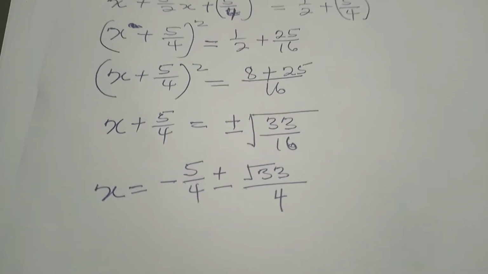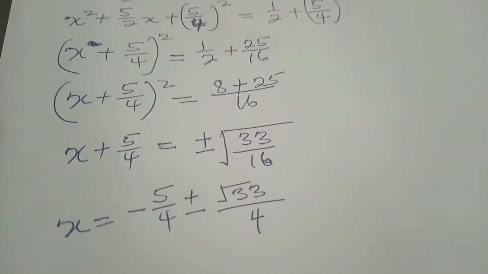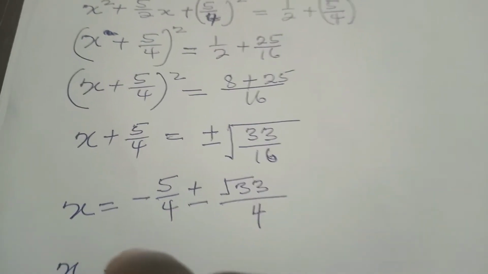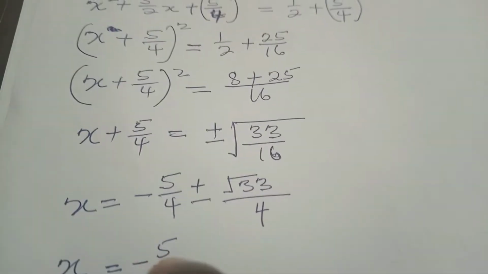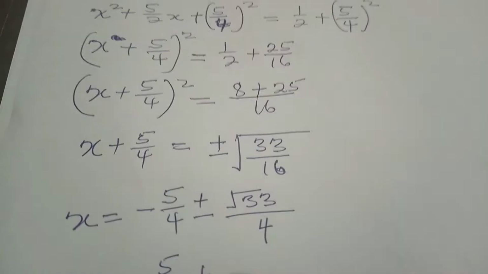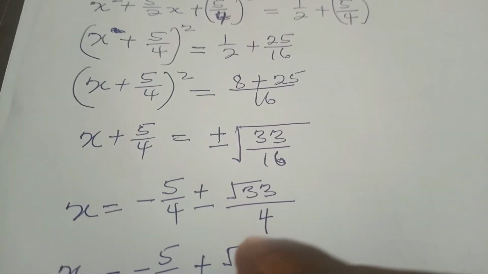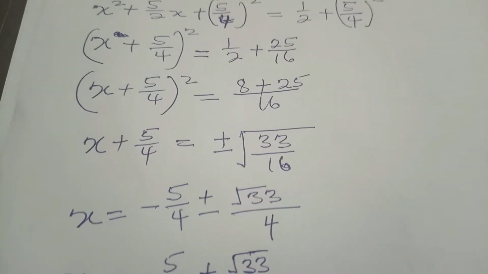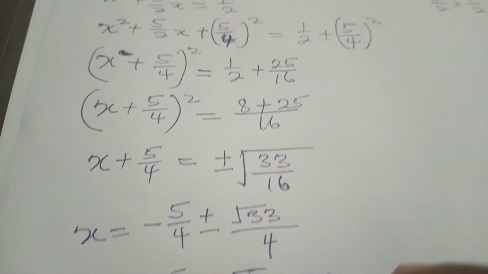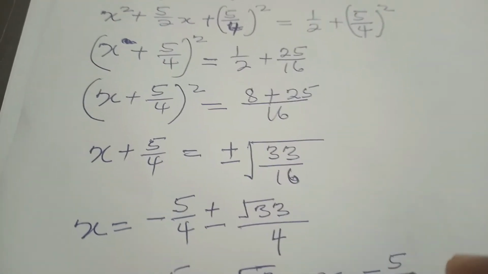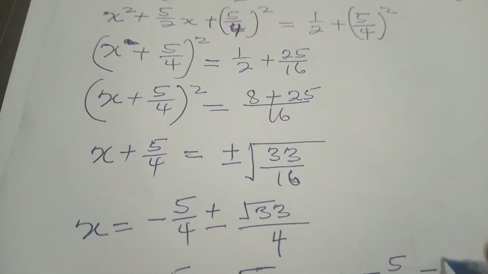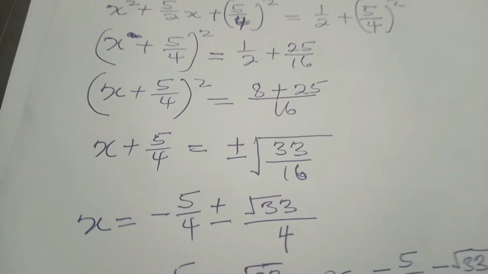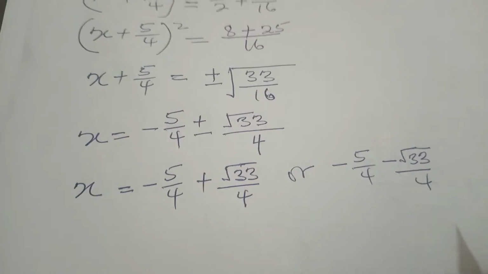Then to split these to have our two roots, our x becomes negative 5 over 4 plus square root of 33 over 4, or negative 5 over 4 minus square root of 33 over 4.